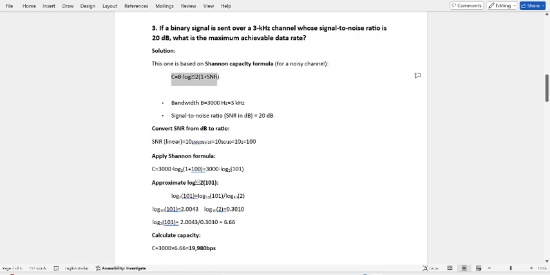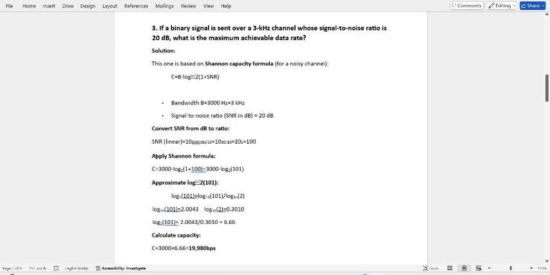C is equal to B times log base 2 of (1 plus S/N). Here we take the bandwidth as 3000 Hz, which is 3 kHz. Signal to noise is 20 dB. In the first step we convert the SNR from dB to a ratio.